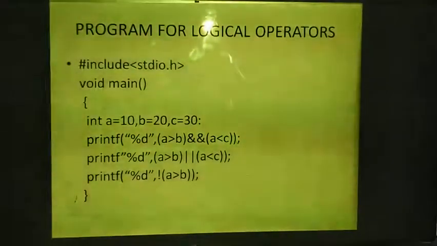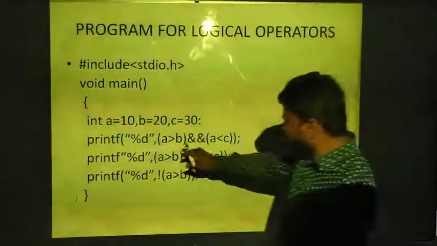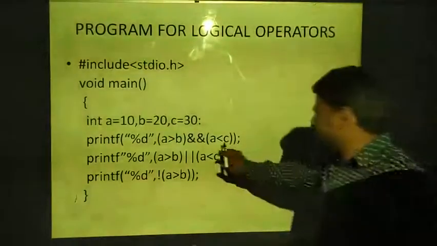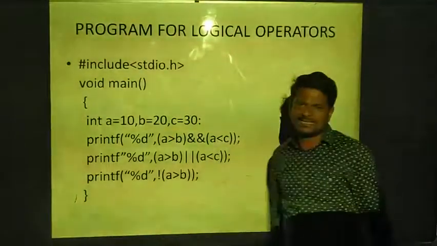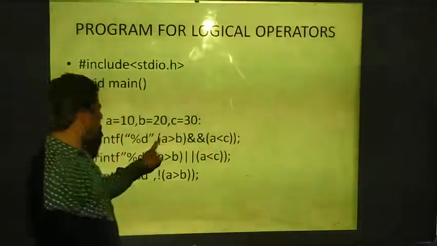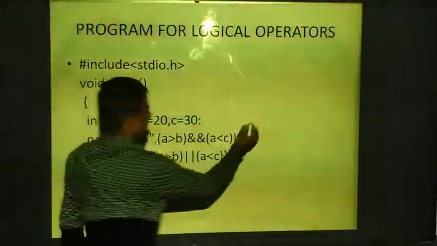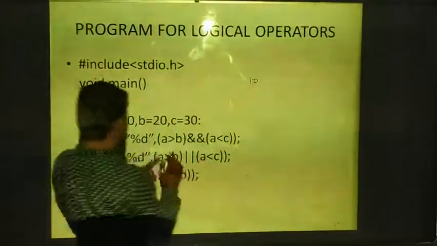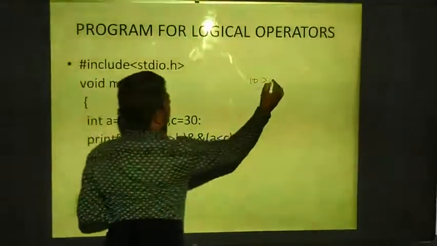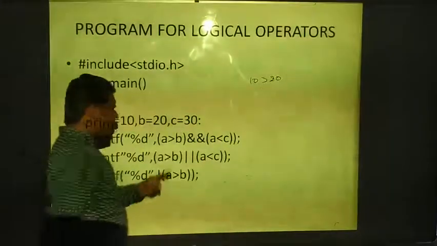Now we are giving percentage d, a greater than b and a less than c. What is the value of a here? The value of a is 10. Is 10 greater than b, which is 20?